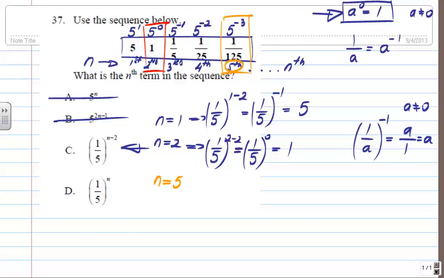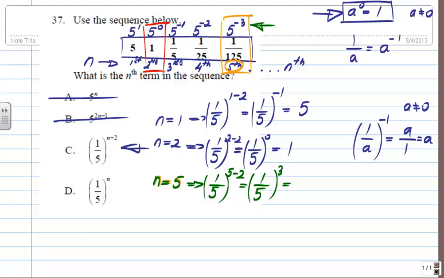N equals 5. I have 1 over 5 to the power of 5 minus 2, and that equals 1 over 5 to the power of 3.